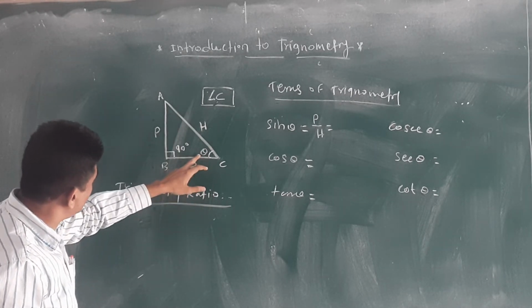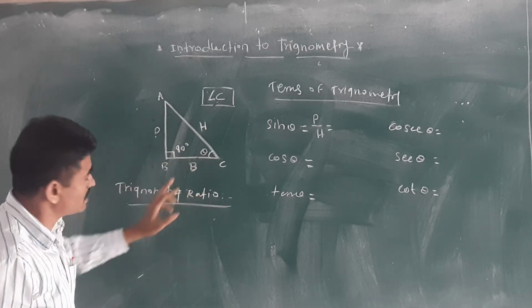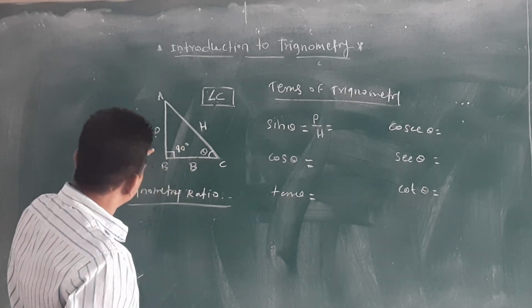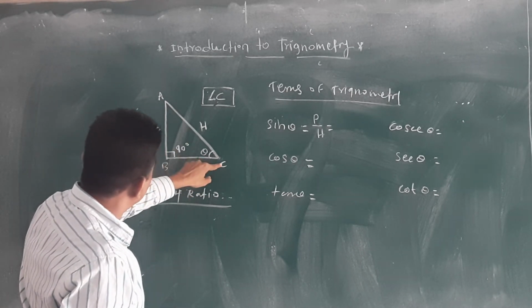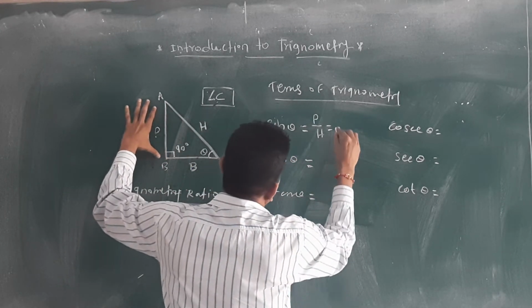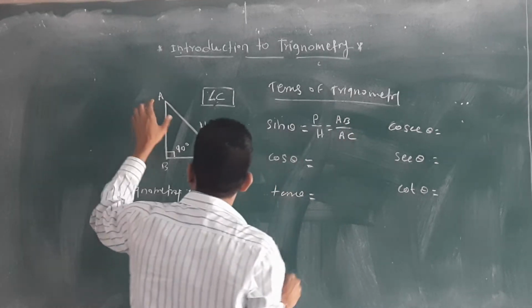This theta's opposite side is always the perpendicular to the base. That's why write perpendicular divided by hypotenuse. What is the perpendicular value? AB is there. AB divided by AC.